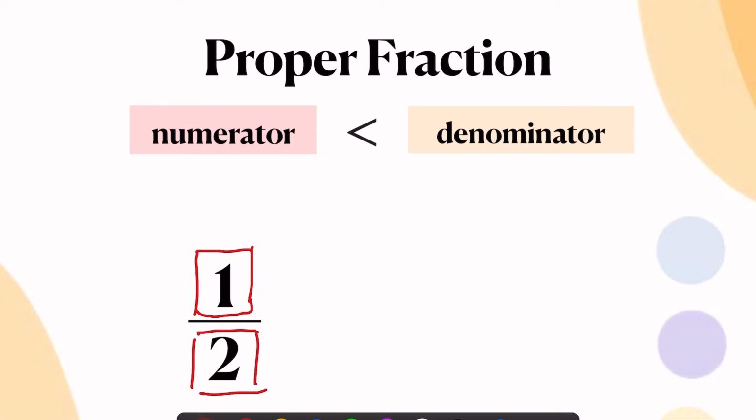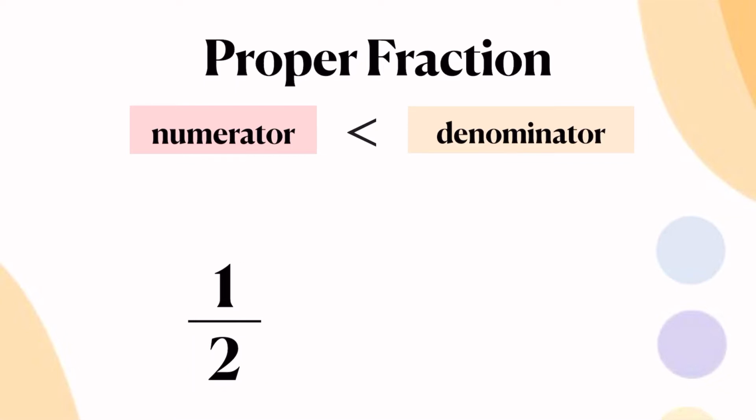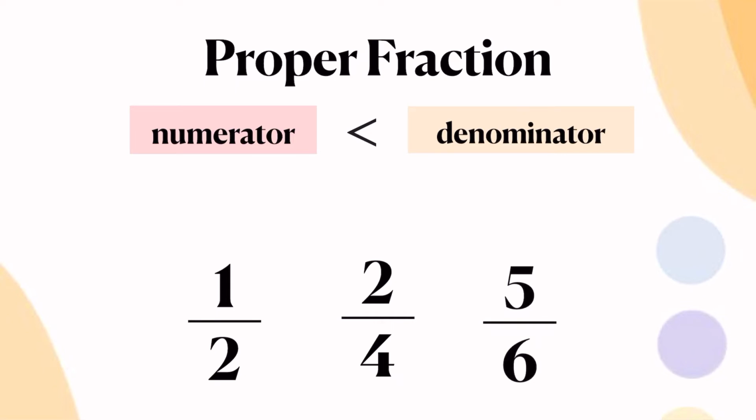So the number 1 is less than the number 2. Simple, so we call it a proper fraction. Now let's see 2 over 4 and 5 over 6. These are proper fractions because the numerator is less than the denominator.